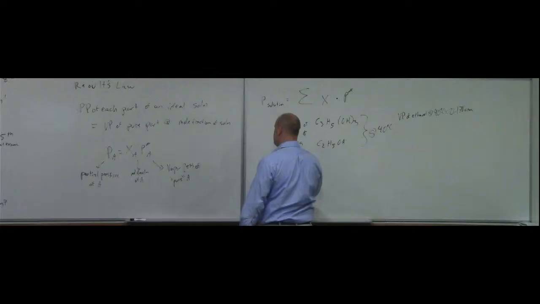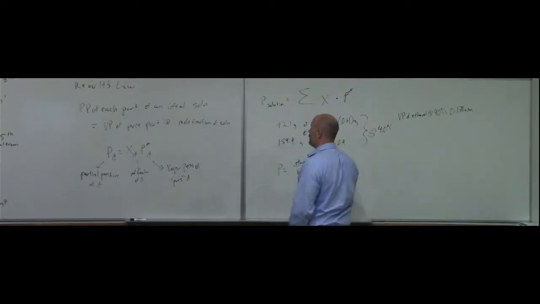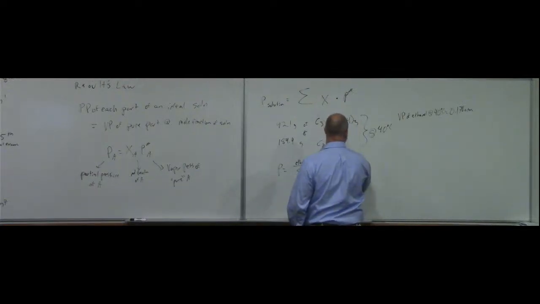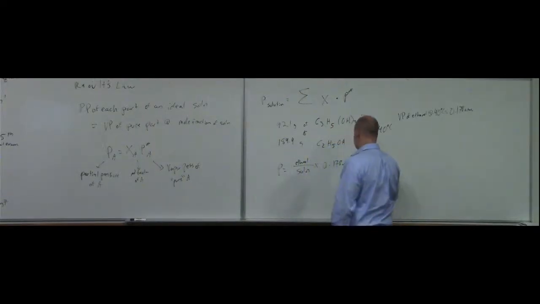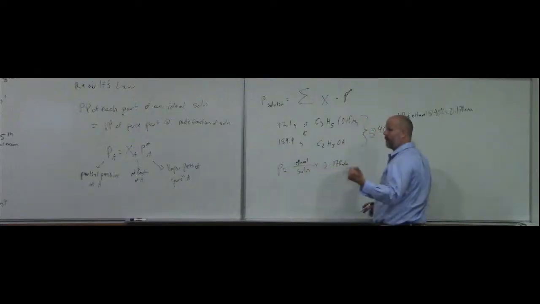So P equals the mole fraction of ethanol over the solution, times the vapor pressure of ethanol, which is 0.178 atmospheres. Okay. So, actually, you're probably already doing that.